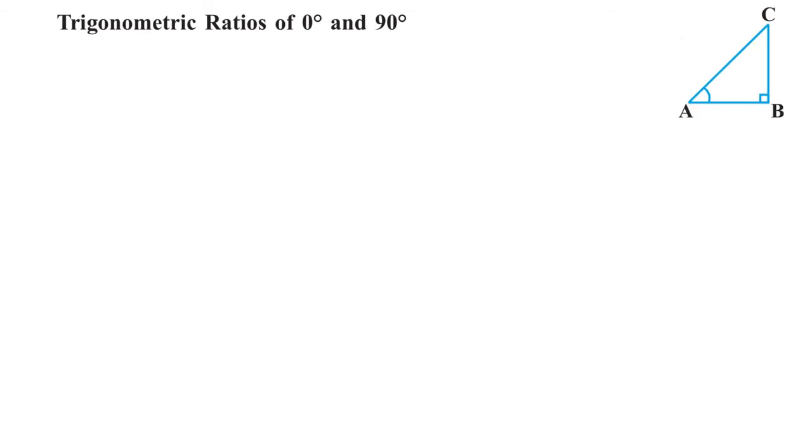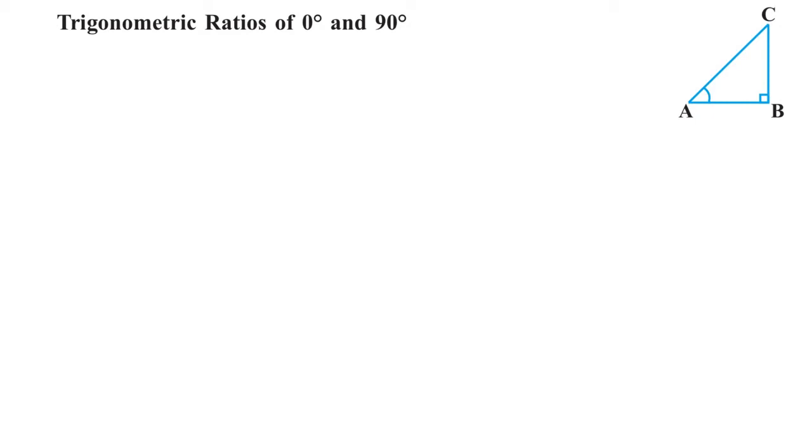In order to figure out the trigonometric ratios for 0 degrees, let us consider the triangle ABC, and let's take angle A to be some angle. Let's go on reducing this angle A. Let's make it smaller and smaller until it becomes 0.